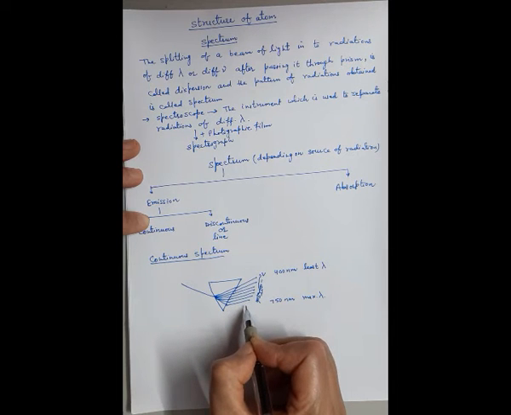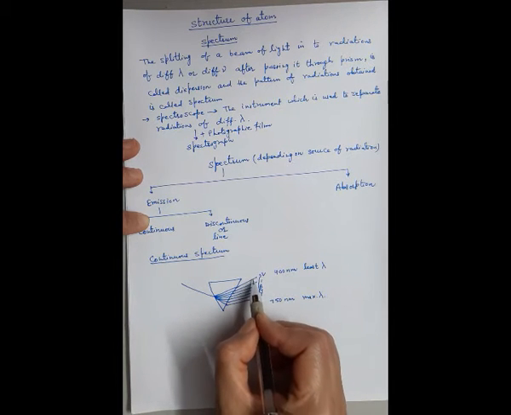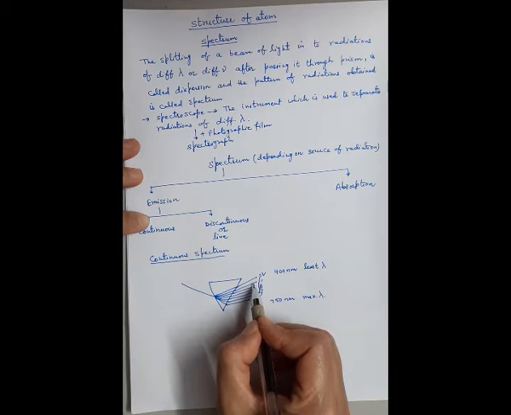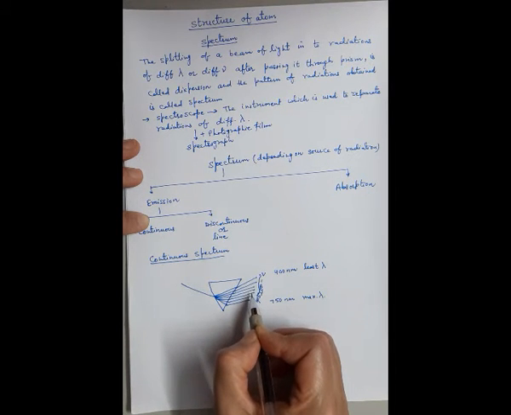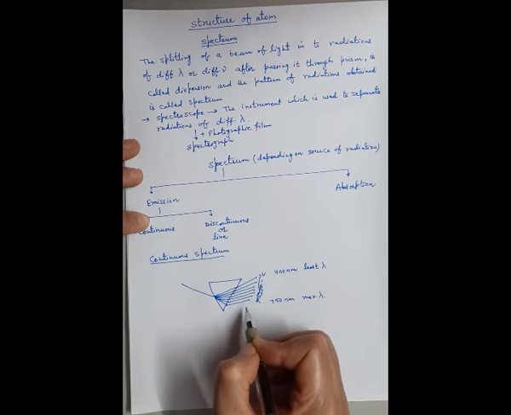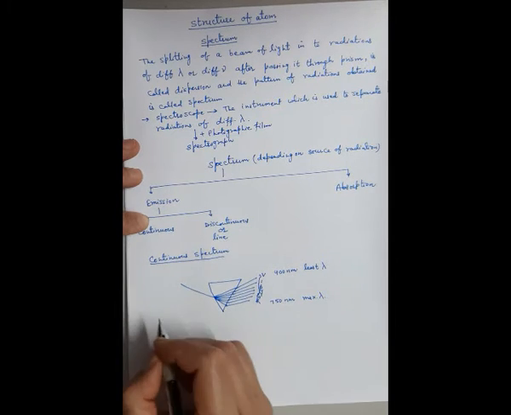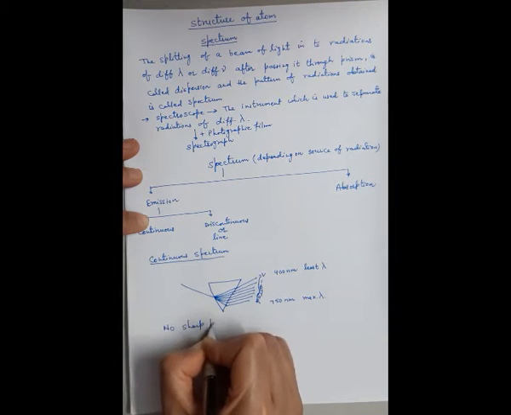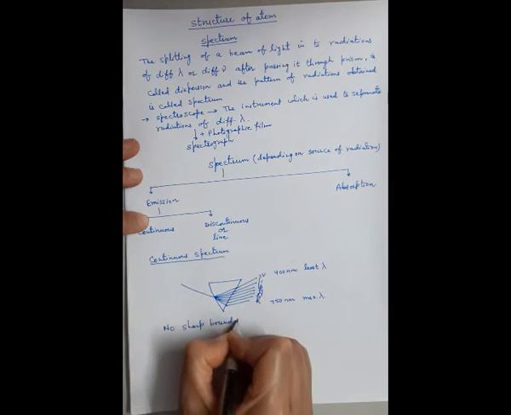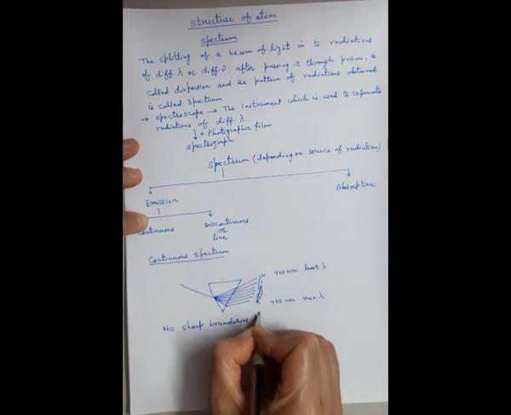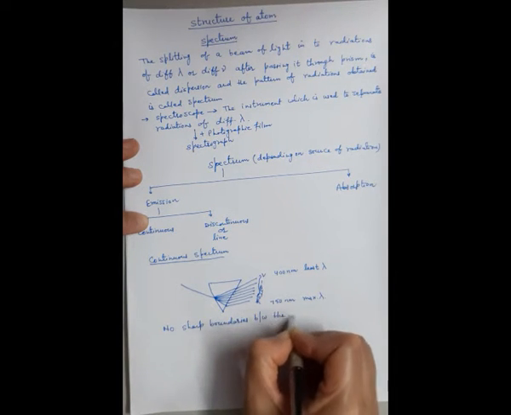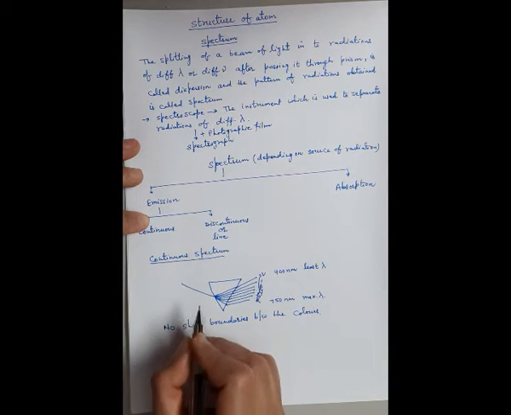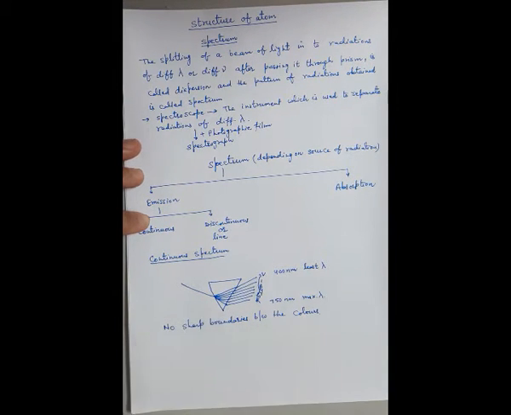Why do we call it continuous? Because all the colors are merged with each other. Violet is merged with indigo, indigo with blue, blue with green, green with yellow, and so on. So there are no sharp boundaries between the colors. That is why it is called a continuous spectrum.